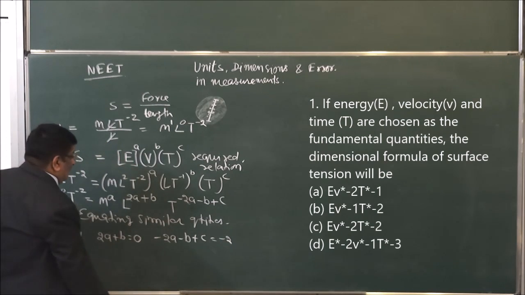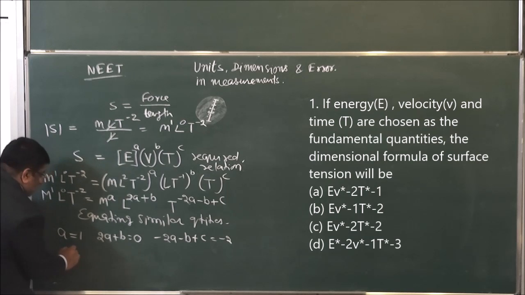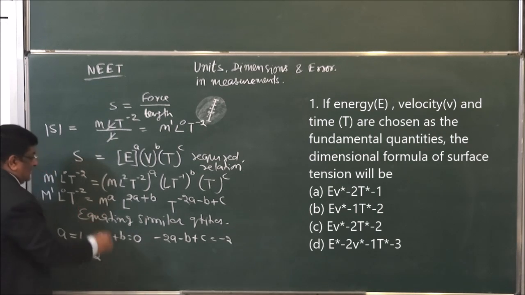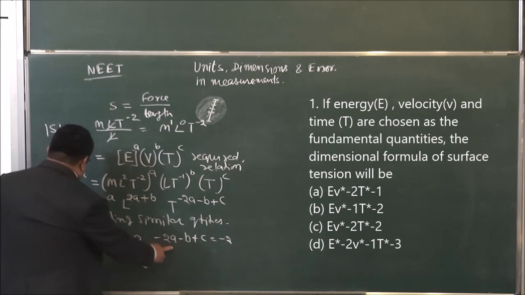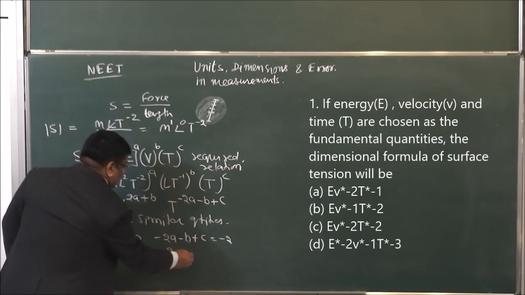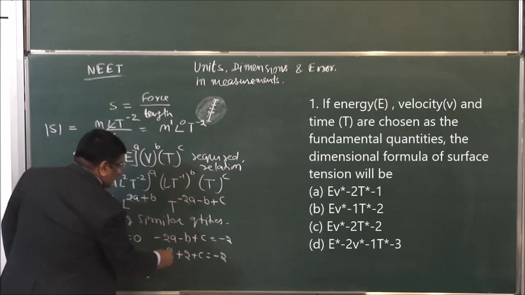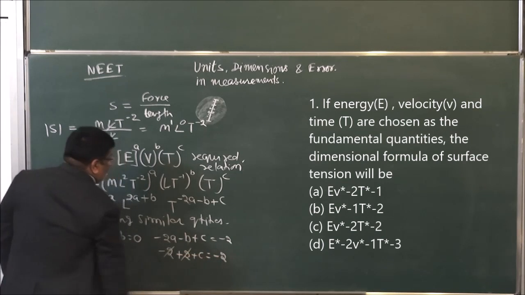Then simplify this. We put A equal to 1 here, and this becomes B equal to minus 2. Now we put A equal to 1 here: minus 2 minus B, B is minus 2, so minus 2 plus 2 plus C is equal to minus 2. So this cancels, and C is equal to minus 2.